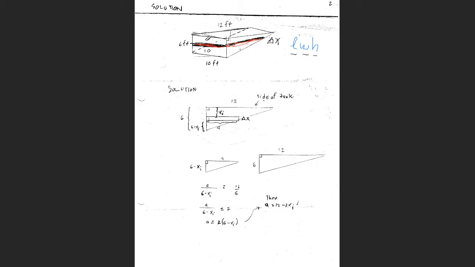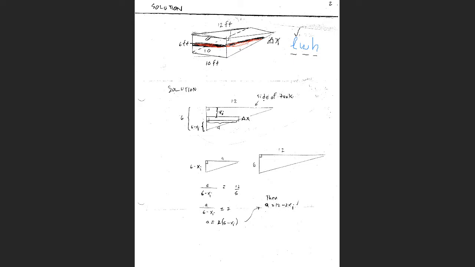Now, do we know what the length is? I mean, looking at the picture, can we fill in what the length is? Well, 12 feet, that's the part that's going to vary, Tina. The part that's going to vary is this part here.